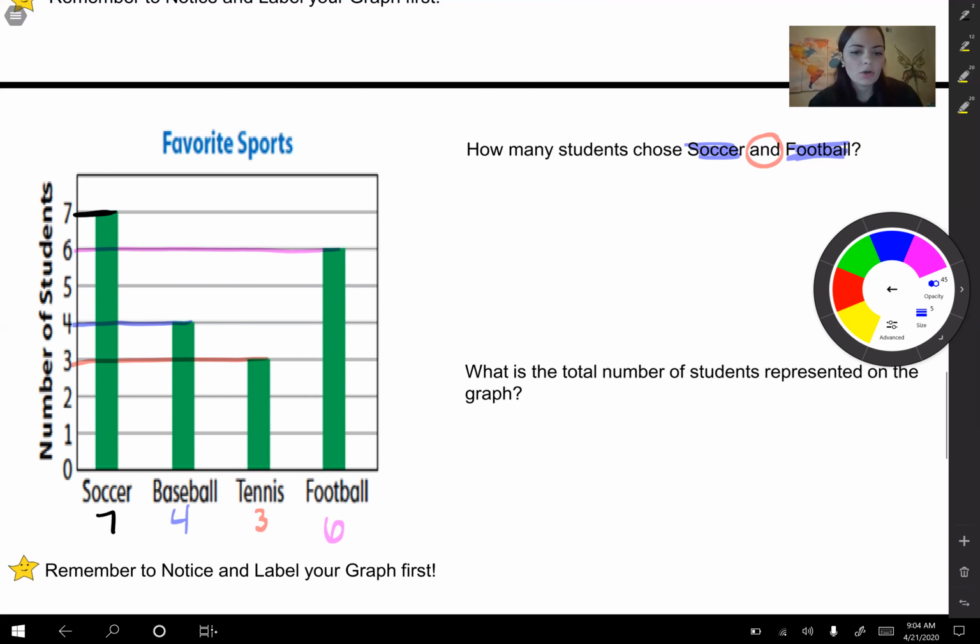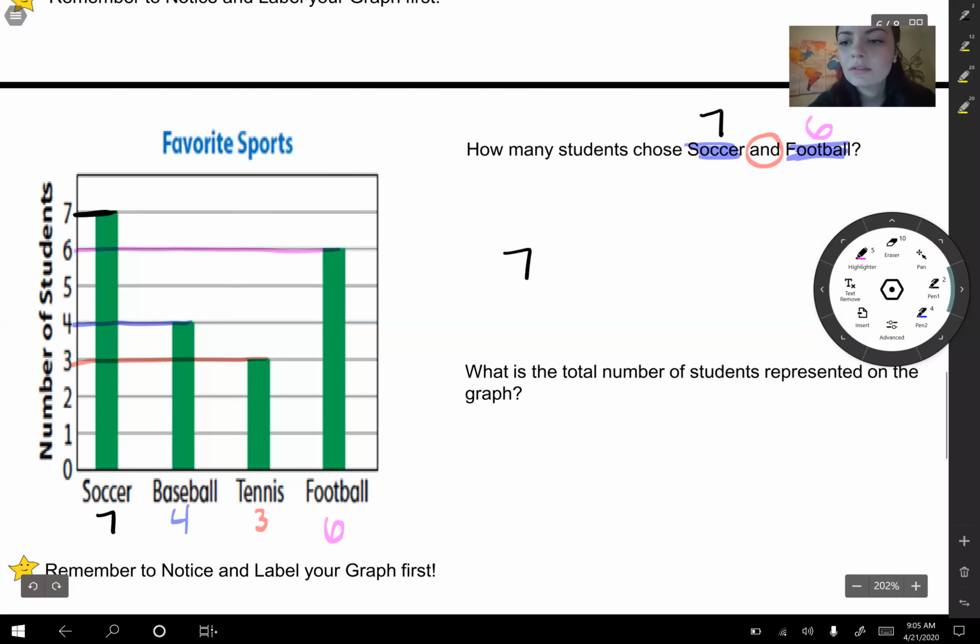Okay, so let's do soccer. And remember, I really like to write my numbers, and football. And then I'm going to do 7 plus 6 equals, and what is it going to equal?